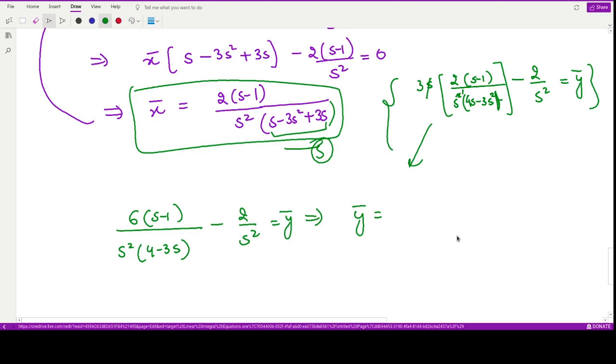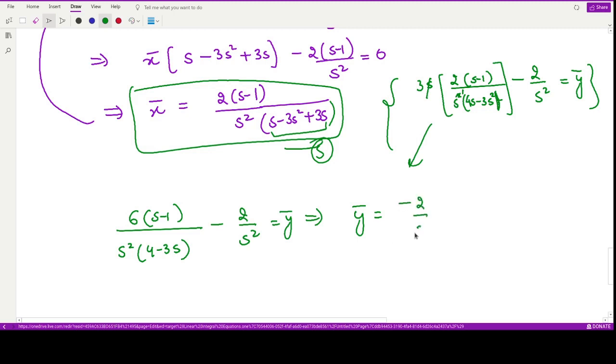Actually we won't take LCM. Why? Because we have to perform the inverse Laplace transform. So we have to apply partial fractions over here. So when you apply partial fractions, what do you have?